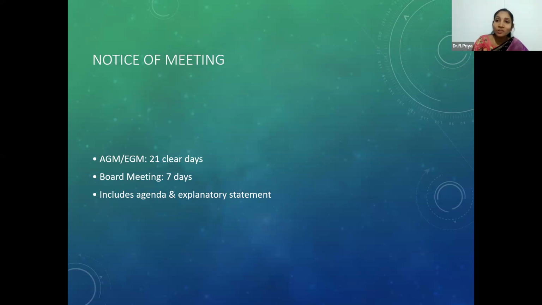What is the procedure? The first step of the meeting procedure is notice of the meeting. The notice of the meeting is a formal and mandatory communication informing the member or director about the upcoming meeting. It is the starting point of a valid meeting, as no meeting can be legally conducted without proper notice.